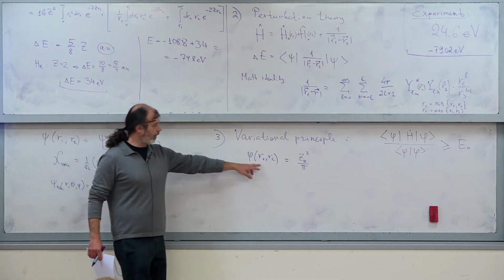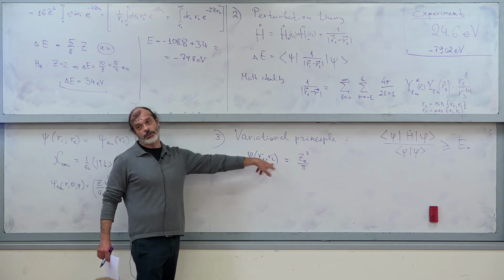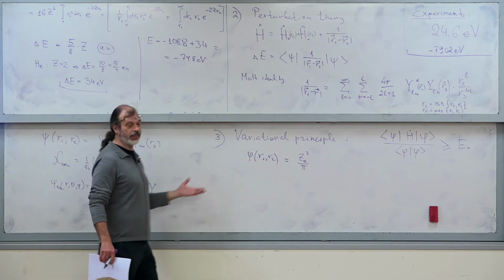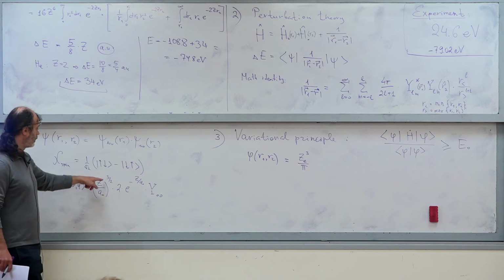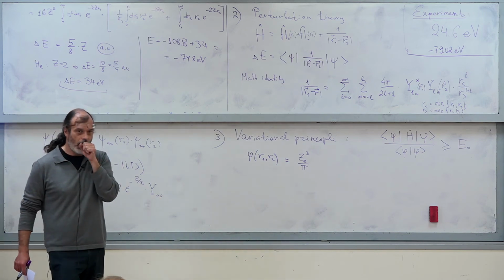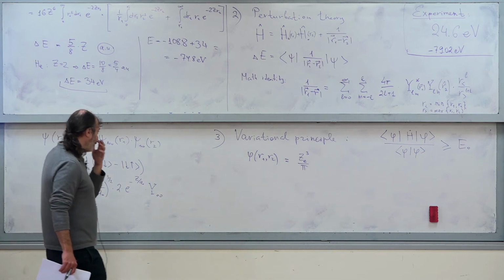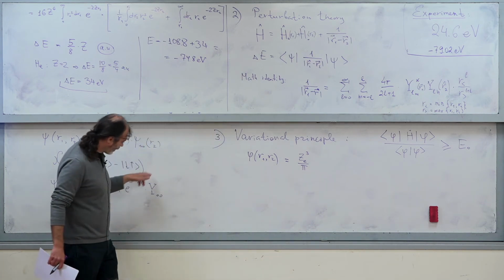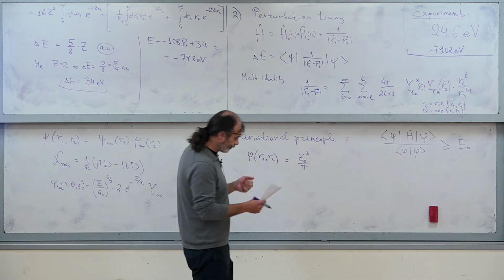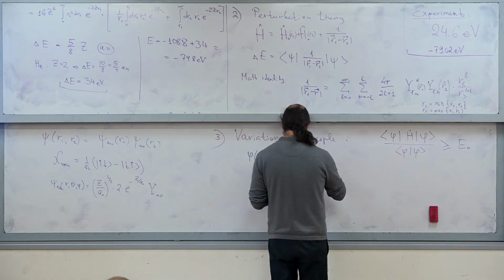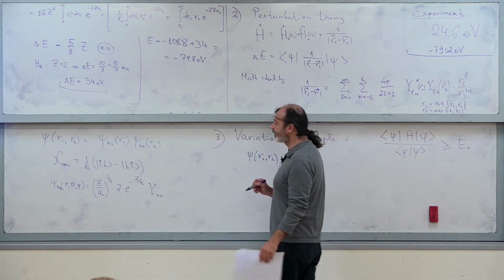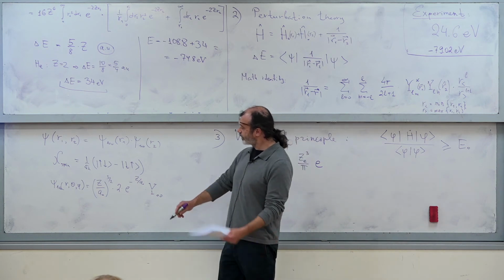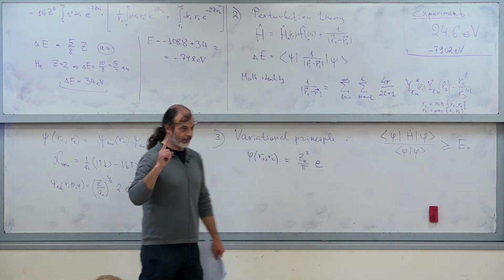Here we are writing the wave function of r1 and r2, so it's a multiplication of these two functions, giving Z to the third power divided by pi due to the spherical harmonics. And now I consider the wave function with this parameter, right?